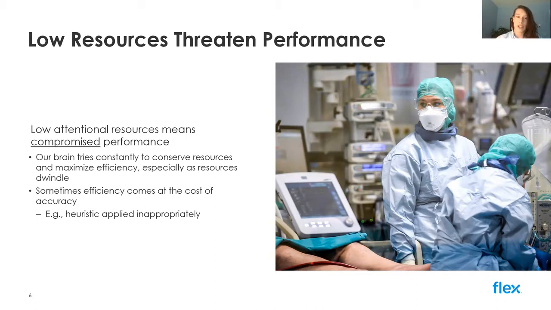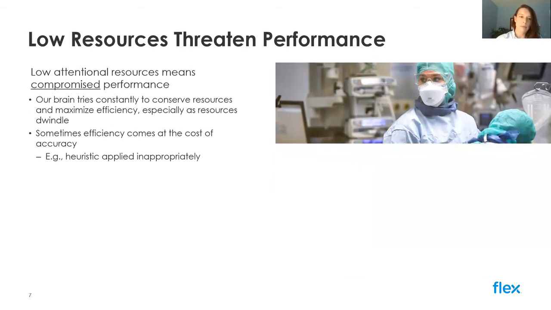And what conservation does is it means that you start to rely on things that are easier, like general rules or rules of thumb and heuristics. And those might be applicable for a high majority of situations, but not all. And for those few that don't agree with the general rule, that's when things like errors happen.